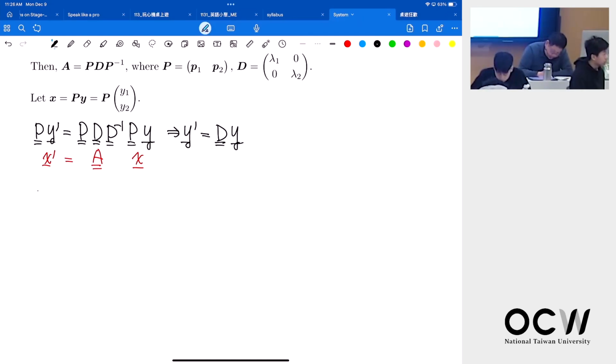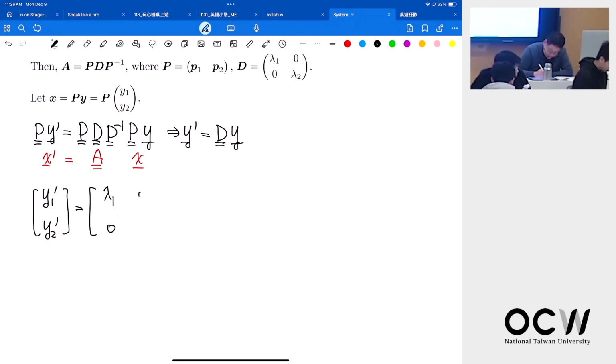That means y1 prime, y2 prime is equal to lambda 1, 0, 0, lambda 2, times y1, y2.